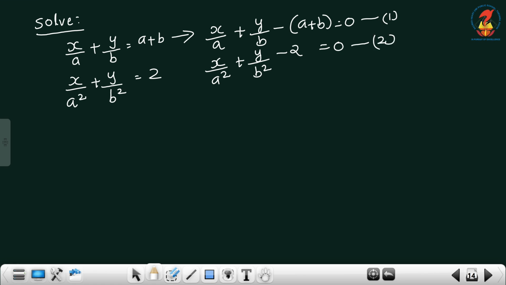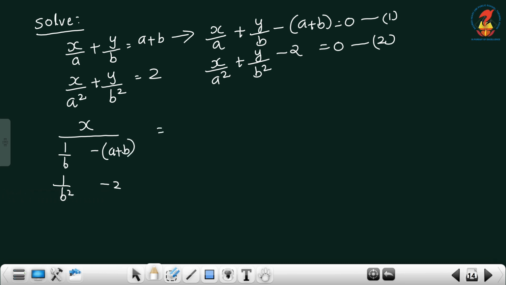Okay. Then x is equal to x divided by, here cover this x variable. What is the coefficient of y in the first equation? 1 by b. What is the coefficient of y in the second equation? 1 by b square. Next, negative of a plus b, negative 2.